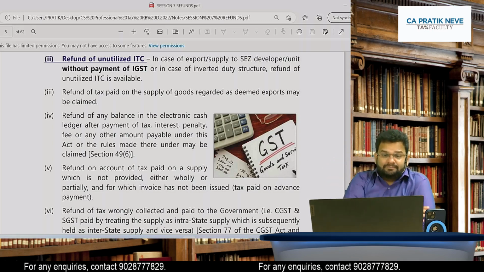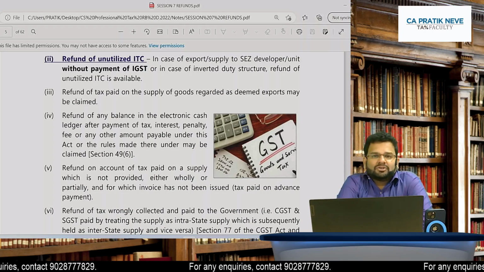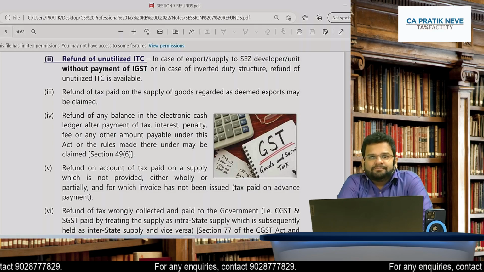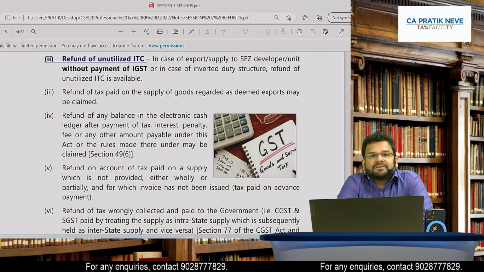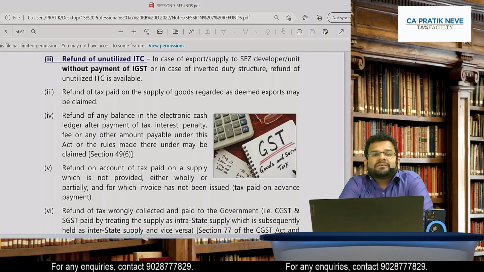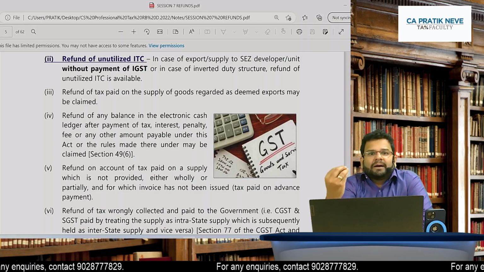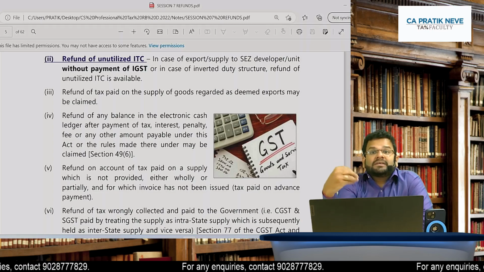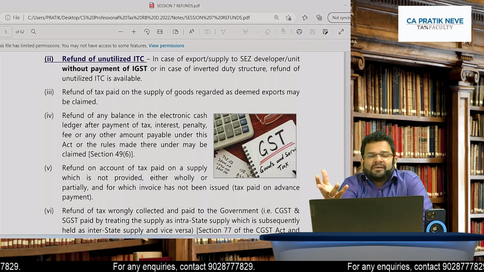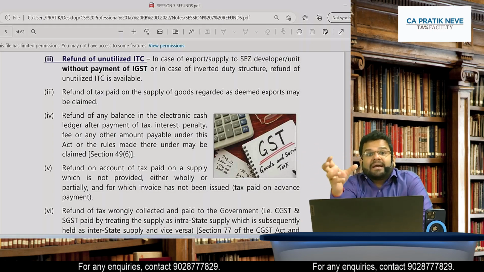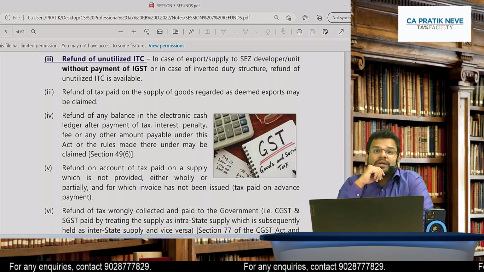Yes. And of course, we are going to do a numerical also on this, so it will get much more clear to you. One more thing I want to tell you. Listen to me carefully. Inverted duty structure means output tax on my goods is say 6% or 5%, but input tax on the raw material which I purchase is 18% or 28%.